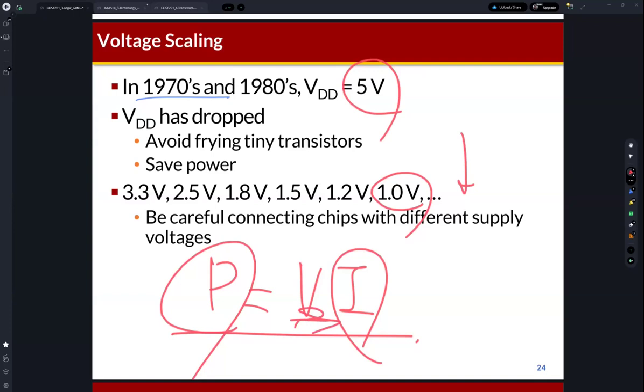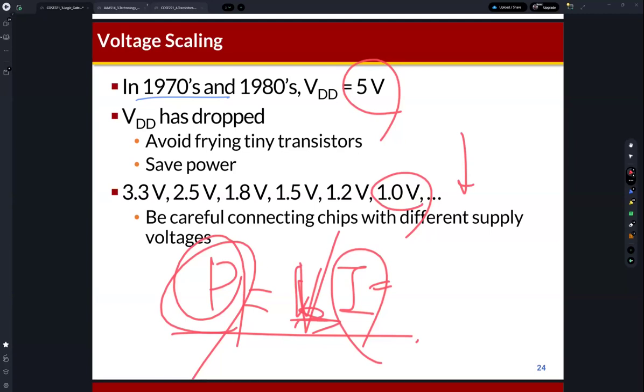This is a very simple power equation. If the current is the same, then the power is proportional to the voltage, which means that if we reduce the supply voltage level, we can also reduce the power consumption of a system. So we can make a low power system if we use a lower supply voltage.